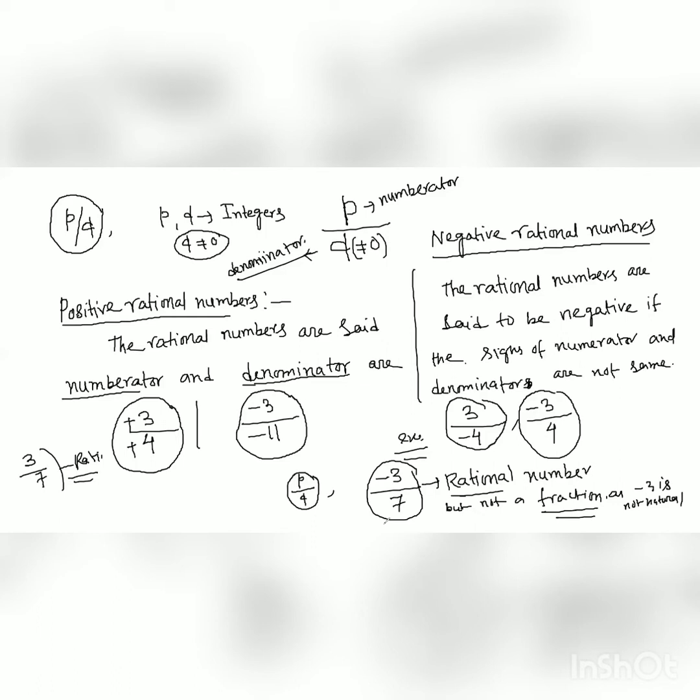Okay, let us discuss some properties of rational numbers. As we know some properties of all those kinds of numbers, like associative property and identity property, from class 6, similarly there are some properties for rational numbers, so we'll discuss them here. The first property is when two numbers are said to be equal or equivalent.